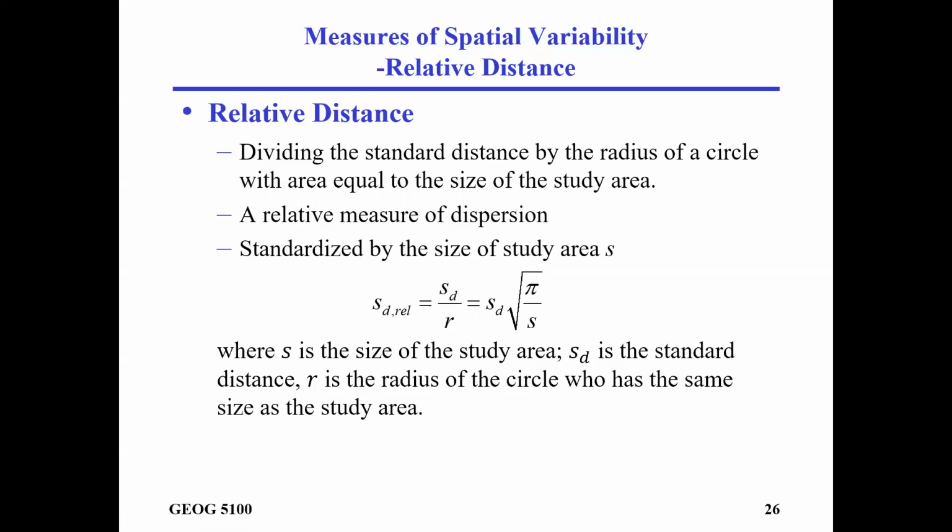I'm not sure if it is using this specific old code, but for now, this class is 4103, and its content is the same as before when it was GOG 5100. If you were feeling confused about this code at the bottom left of this slide, that's the reason why. So don't worry about that. This is GOG 4103. It's not GOG 5100. It was the code for this class one year ago.